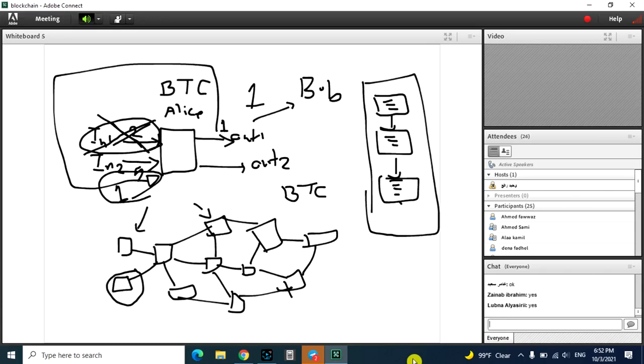Now, suppose that Bob is here, and here. Suppose that Bob sent 1 Bitcoin to Alice.